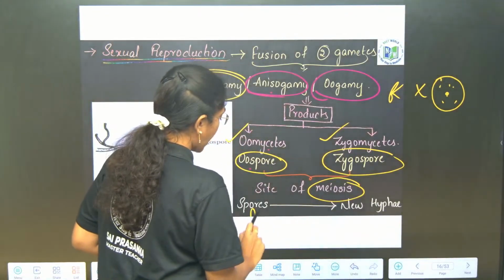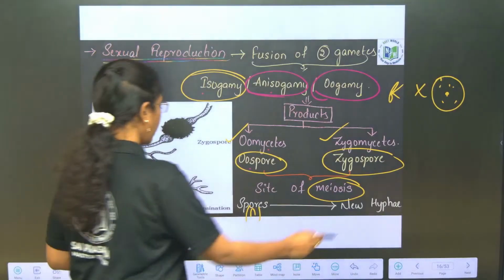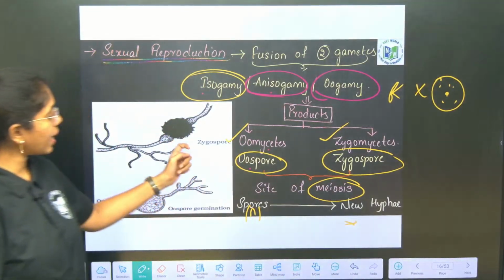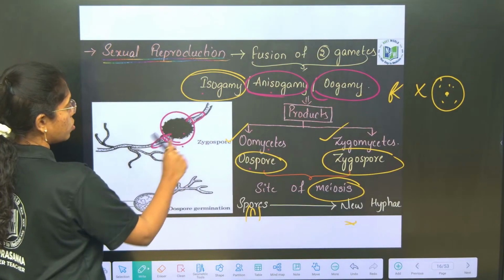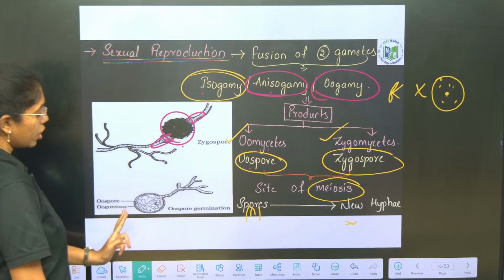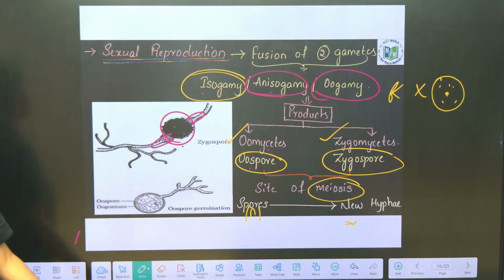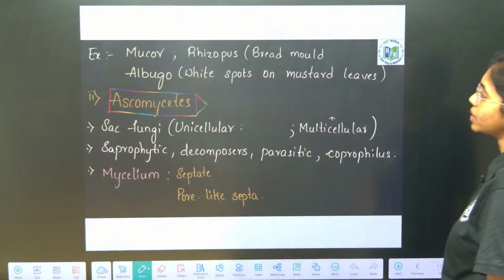Post meiosis, haploid spores are produced, which develop into new hyphae. So here you can see zygospore, formed after gametic fusion, and after meiosis it produces new haploid spores which develop into new hyphae. Hope this is clear for Phycomycetes.